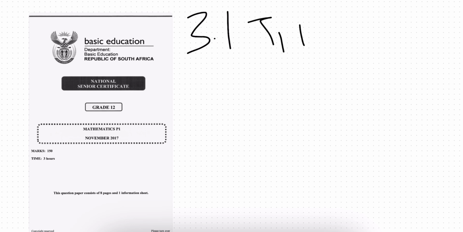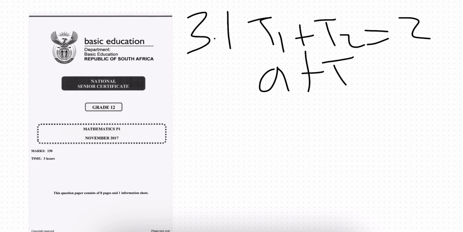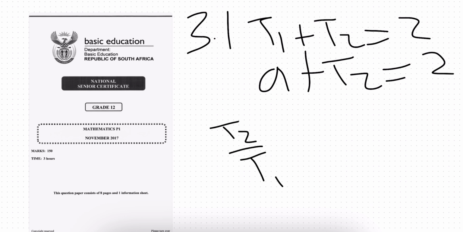You have t1 plus t2 equals 2. But they said your t1 is equal to a. So a plus t2 equals 2. But you know the relationship between t2 and t1 in the geometric sequence: the ratio between the second term and first term is r.